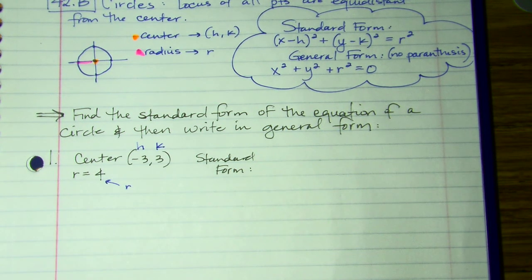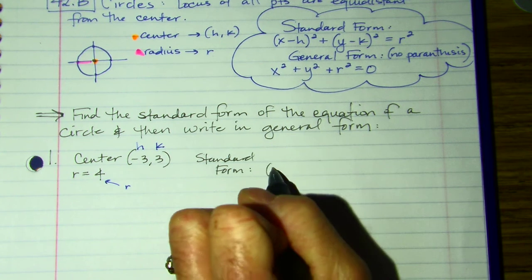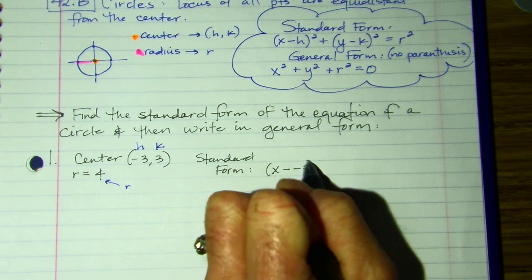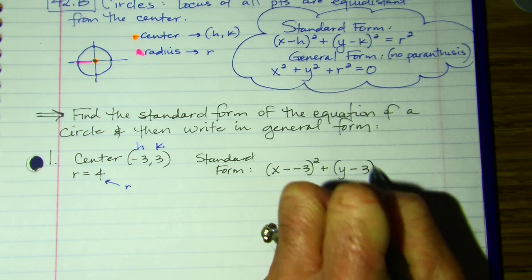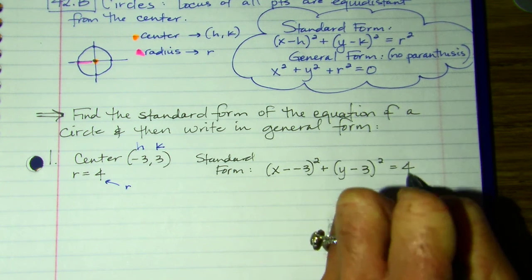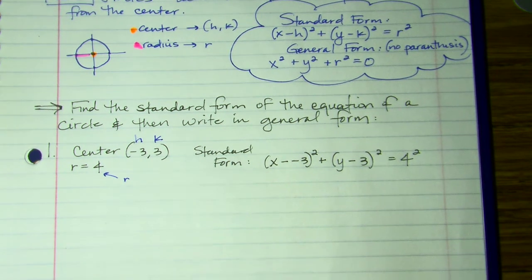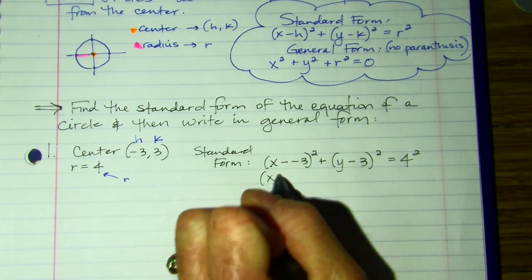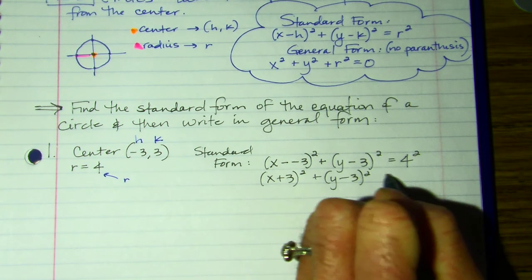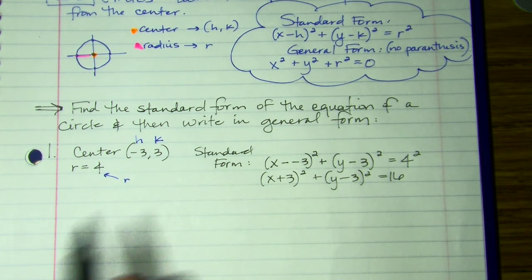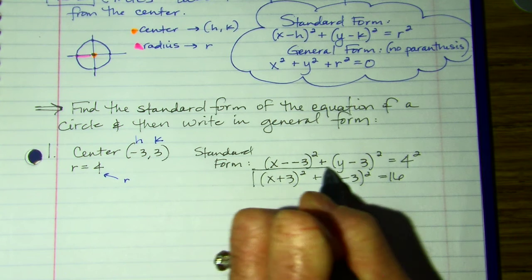We already labeled it r. So my standard form would be x minus a -3 squared plus y minus 3 squared equals 4 squared. Now I'm going to simplify that, so that's x plus 3 squared plus y minus 3 squared equals 16. So here it is in standard form.